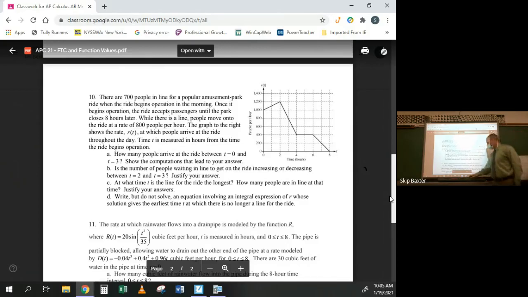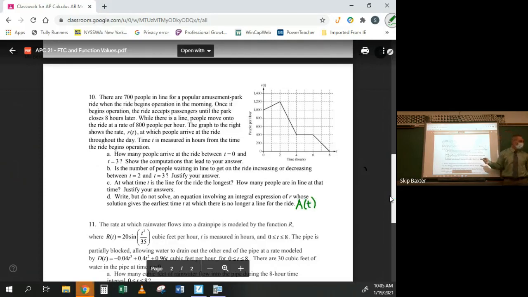Okay, so if we wanted to calculate the number of people in line, there's 700 people to start with. So the number of people in line, let's just say that's A of t.